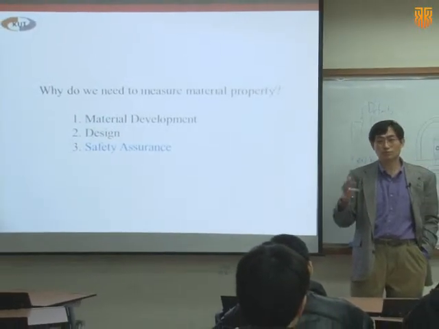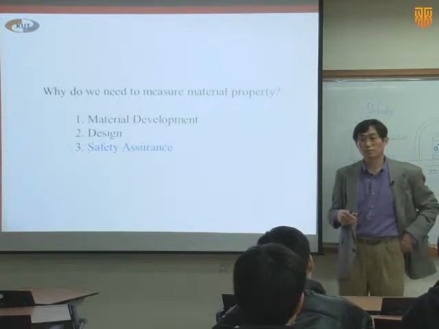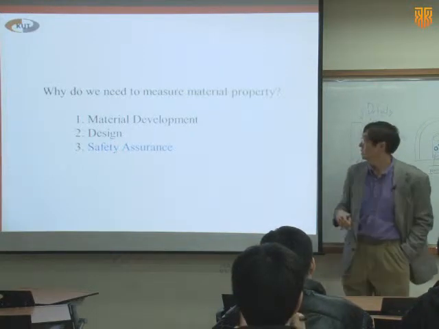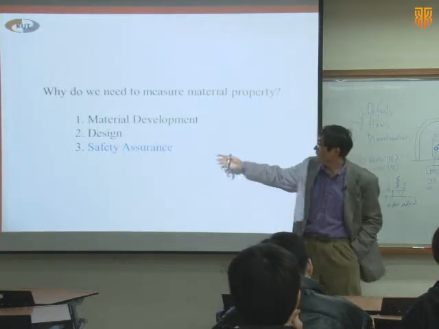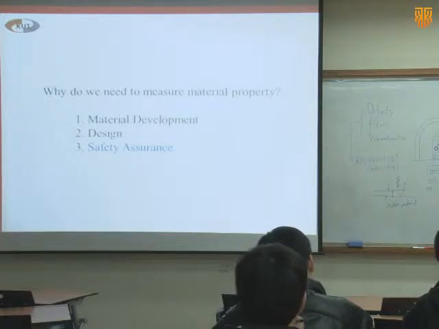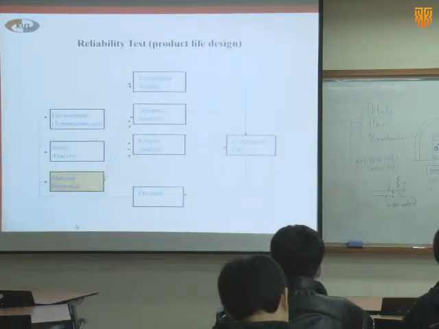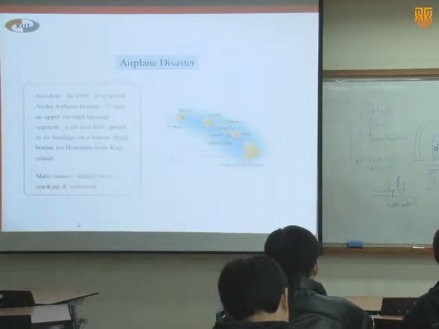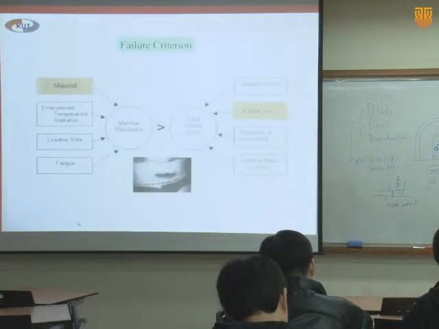That can be substituted. But this one cannot be substituted or replaced. So this one is urgent, this one is important. So that's why I colored the third item. I'm going to skip all these things.